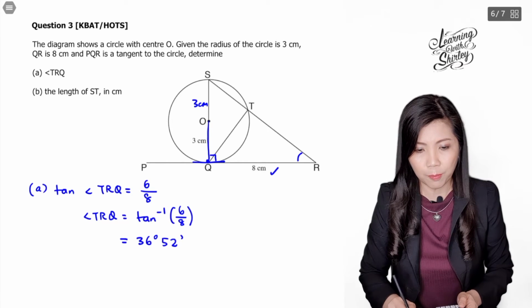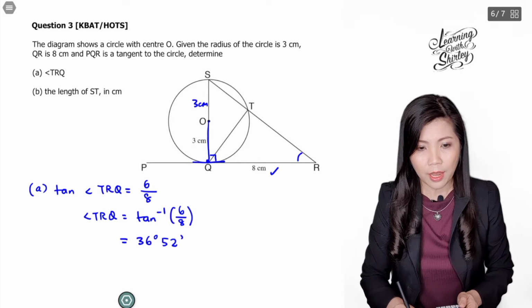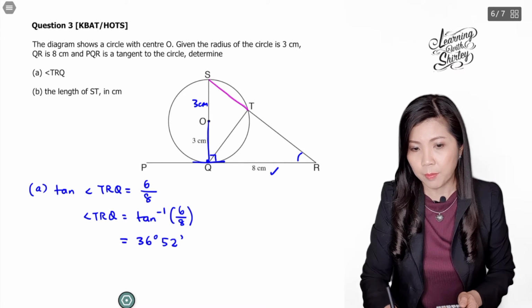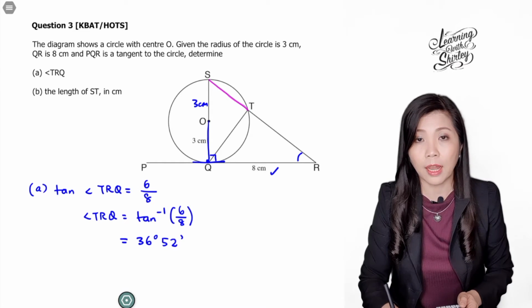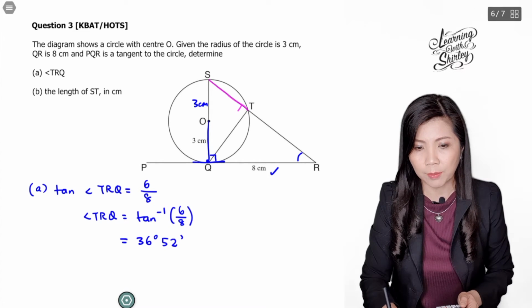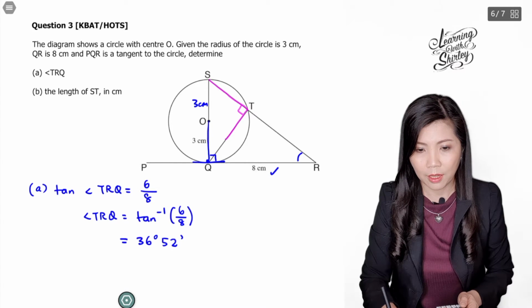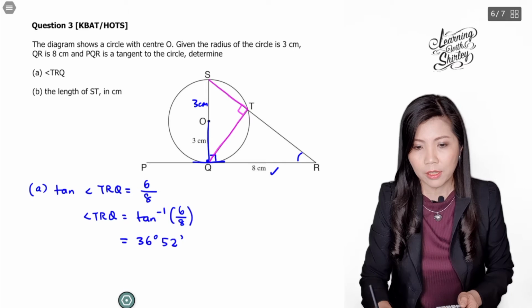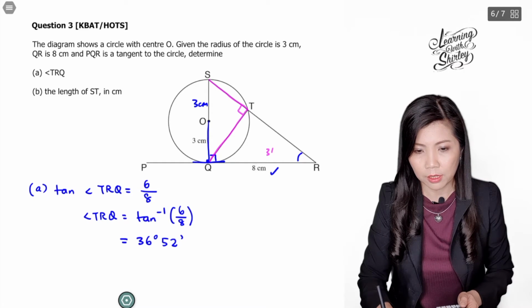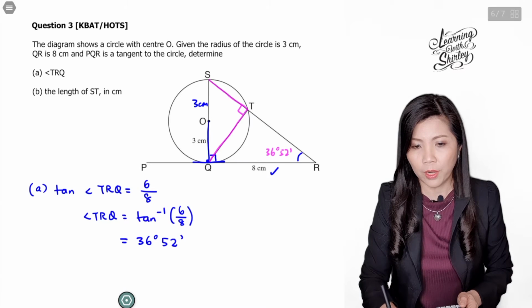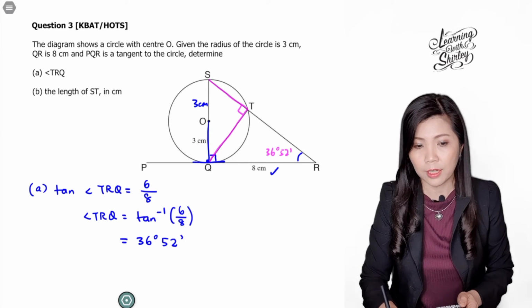Okay, now let's solve for B. The length of ST is over here. Because SOQ is a diameter, therefore the angle subtended here is 90 degrees. Here we've already gotten 36 degrees and 52 minutes. So we need to find the length of QT first.